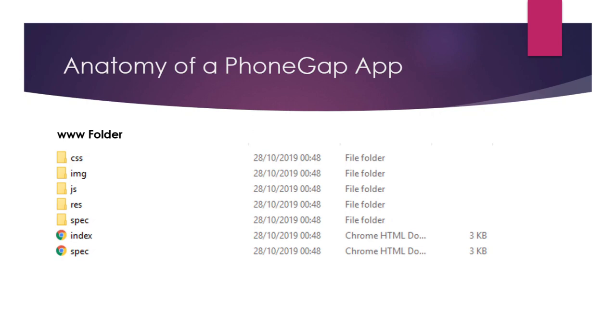If you don't have an index and you replace it with something like home or main.html, it won't work. You need an index, and then you can have the other files. So eventually this www folder is what we would bundle together and upload to PhoneGap Build to get your app generated.